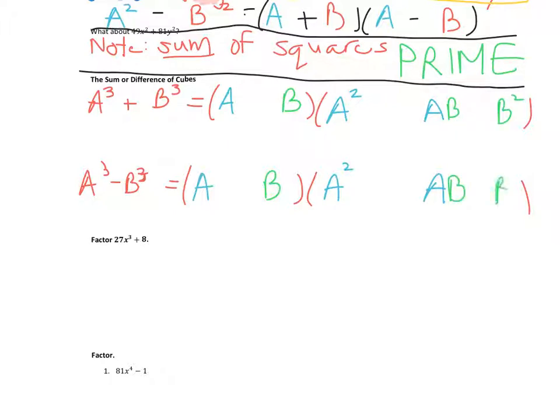All right, and then this is the template. So we have A minus B, A squared, AB, B squared, no matter if it's a sum or a difference. How we remember what signs go in between, we use the acronym SOAP. S stands for same. O stands for opposite. And AP stands for always positive.